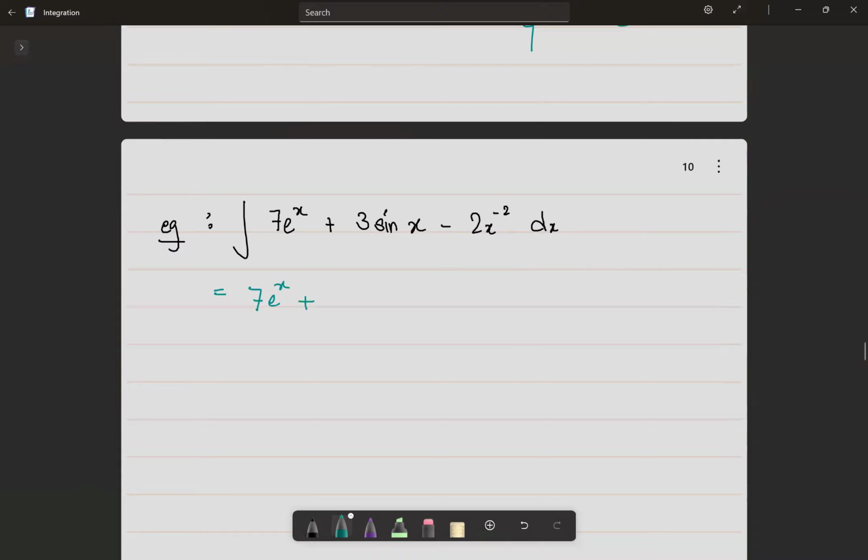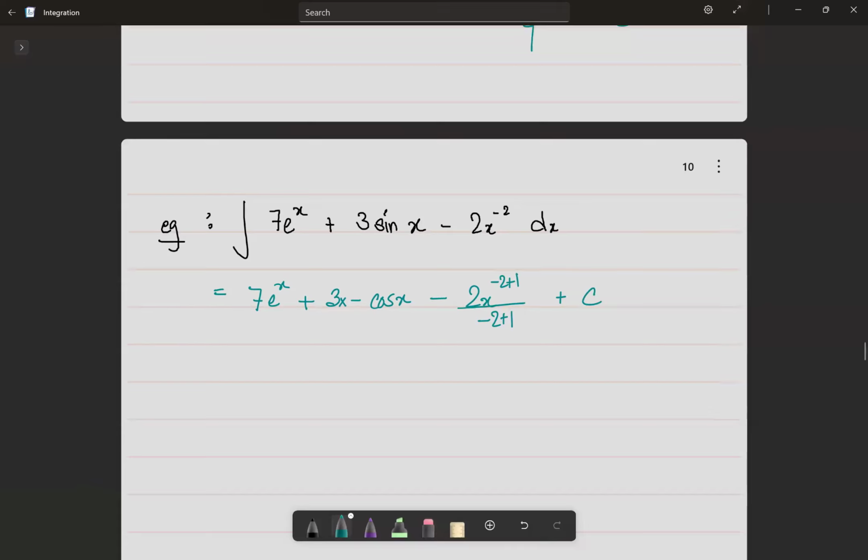Then plus 3 integration of sine x is minus cos x from the formula, then minus 2 x to the power. The formula for algebraic integration is you add 1 to the power and then divide by the new power. So you add 1 to the power and then you divide by the new power, and lastly plus c.